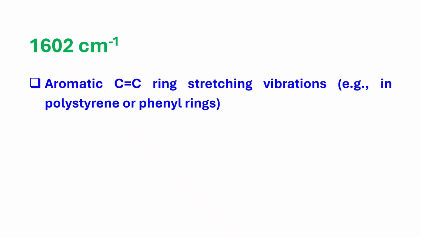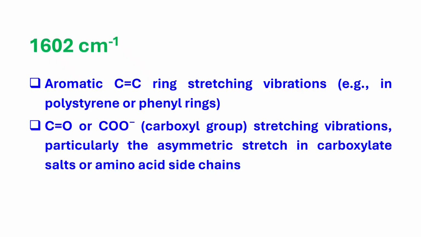It could be aromatic carbon-carbon double bond ring stretching vibrations, that is in polystyrene and phenyl rings. Carbon-oxygen double bond, carboxylic group stretching vibrations, particularly the asymmetric stretch in carboxylate salts or amino acid side chains.